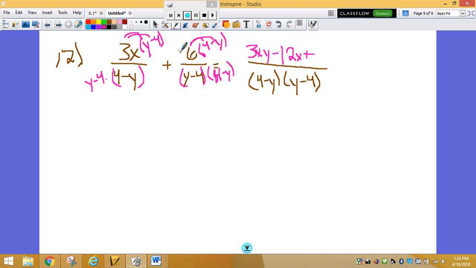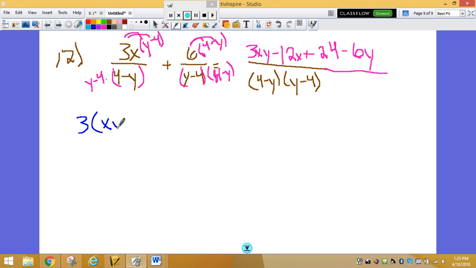And let's distribute. 6 times 4 is 24. And 6 times y is 6y. The only thing left to do is nothing. You can't combine anything because this is an xy, this just has an x as a whole number, and this just has a y. Actually, there is, if you look, a 3 will go into everything on top. So I'm going to divide everything on top by 3.